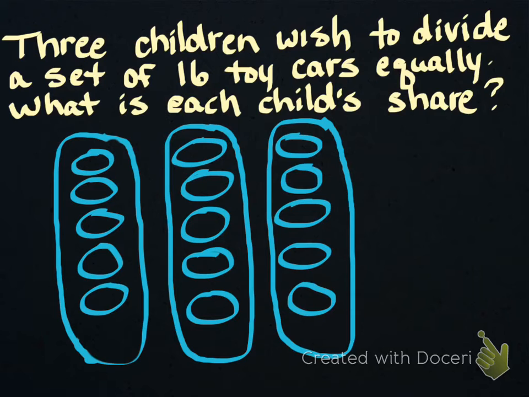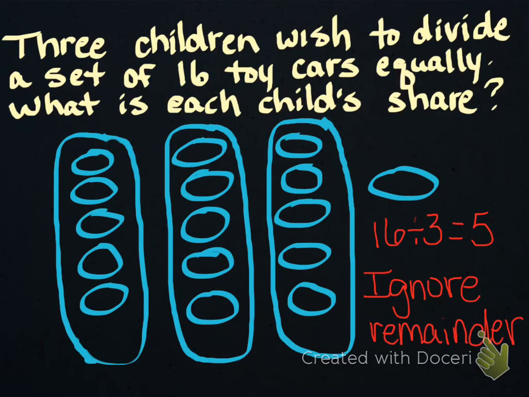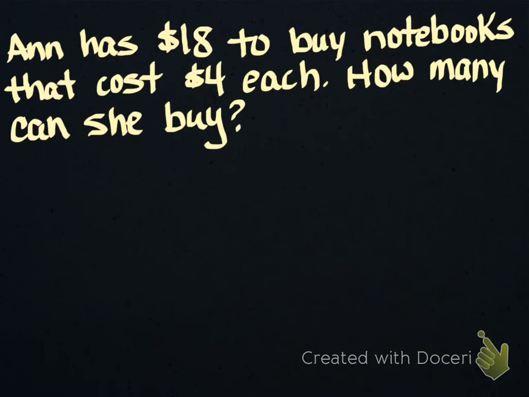We would come up with 5 in each circle, and we would have 1 left over. So our original problem was 16 divided by 3, and in this case it's going to equal 5. Technically remainder 1, but we can't divide a toy car into 3 parts. So in this case, we would ignore the remainder.